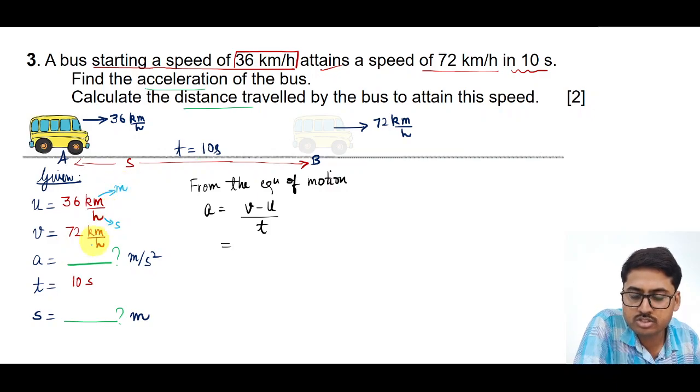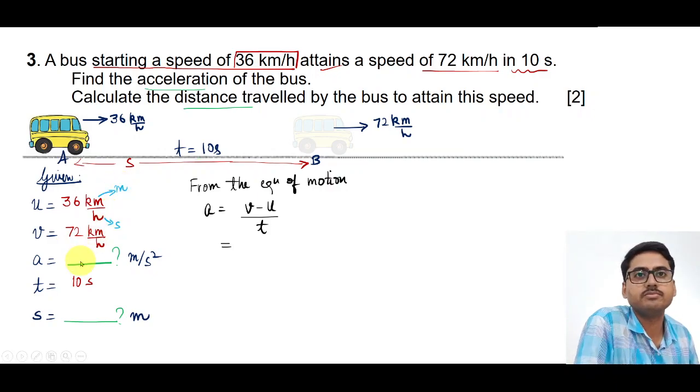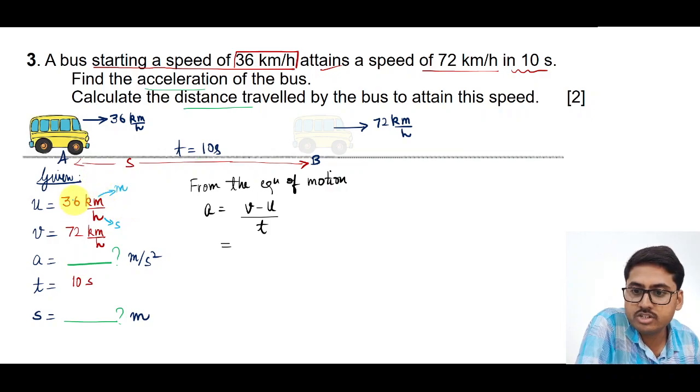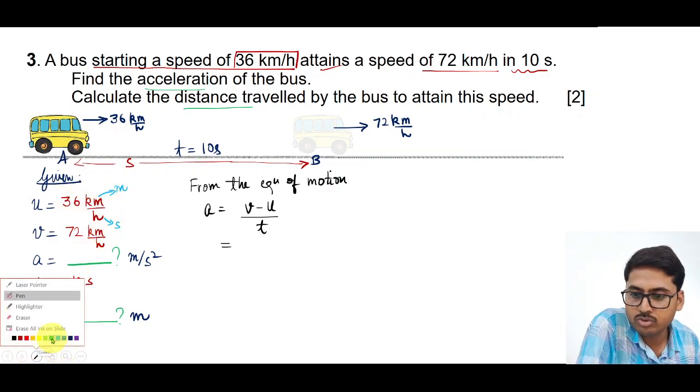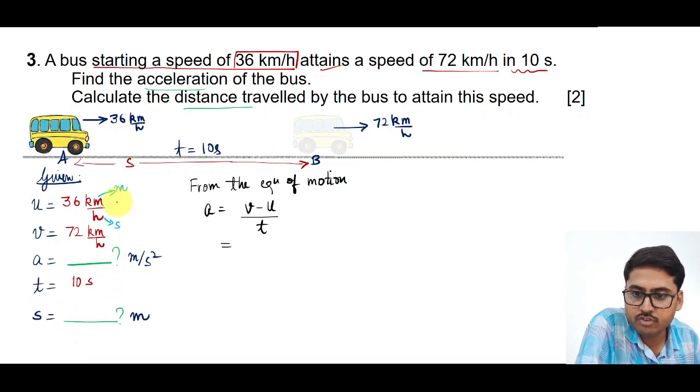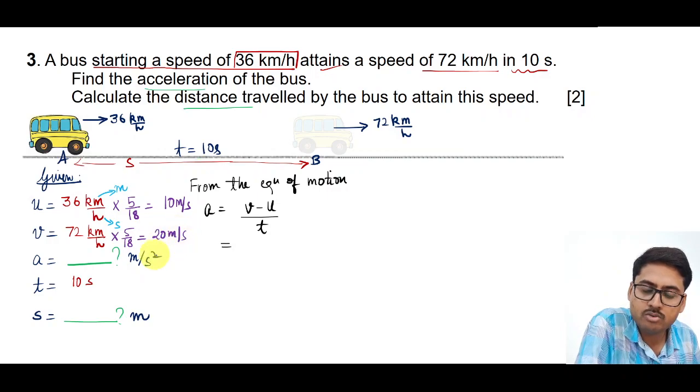Unless you do this, you won't get the right answer. So how do I convert 36 kilometer per hour into meter per second? Now you know this thing, you have a factor. If you multiply this by 5 by 18, you'll get the answer as 10 meter per second. And if you multiply this again by 5 by 18, you'll get the answer as 20 meter per second.